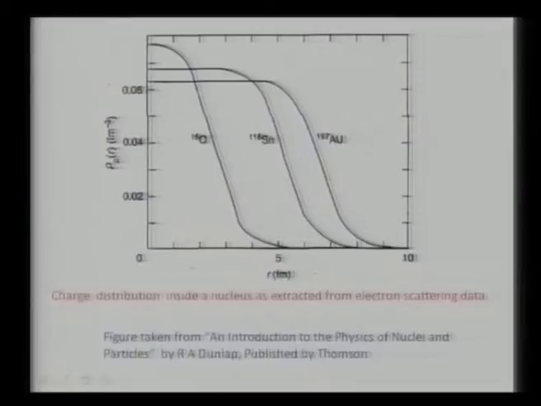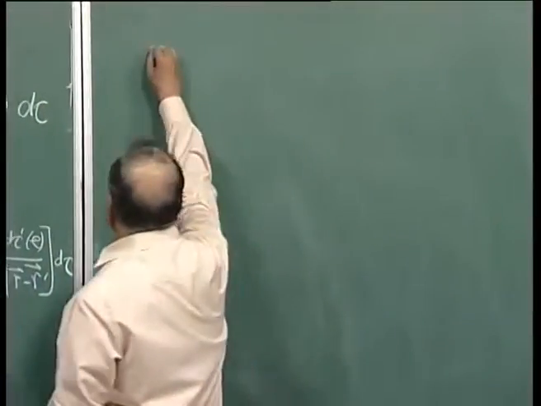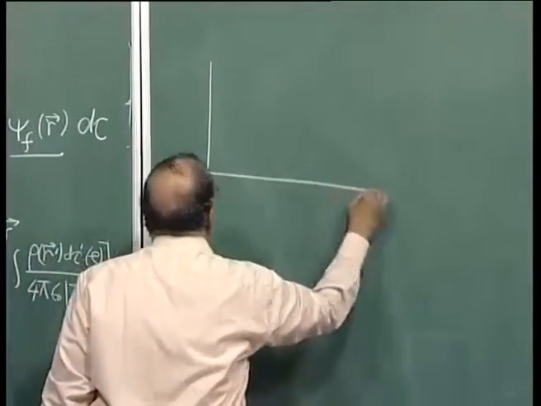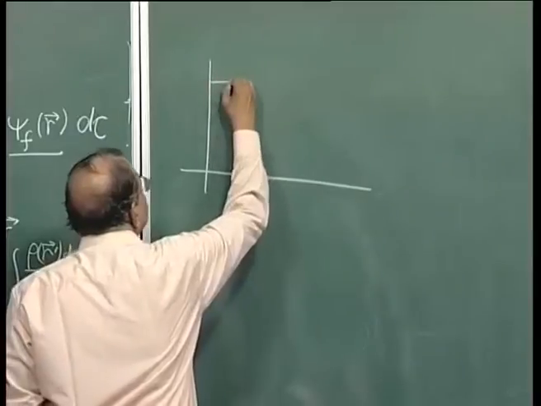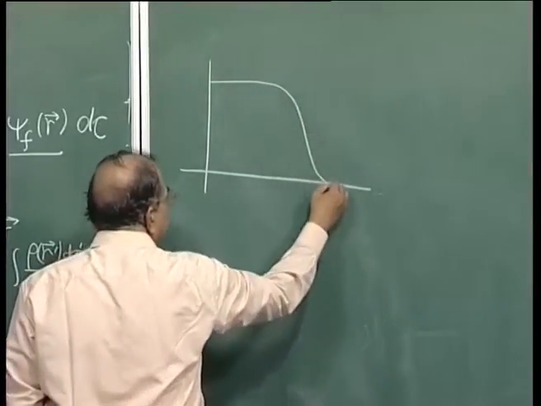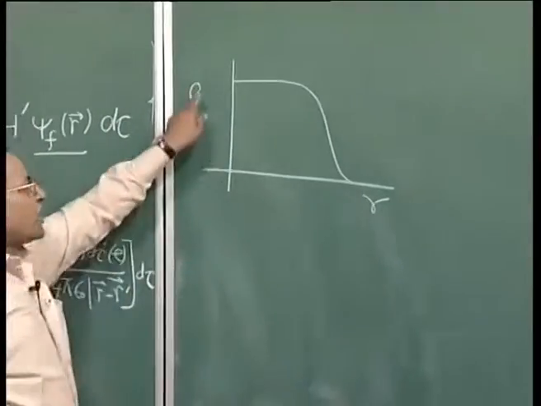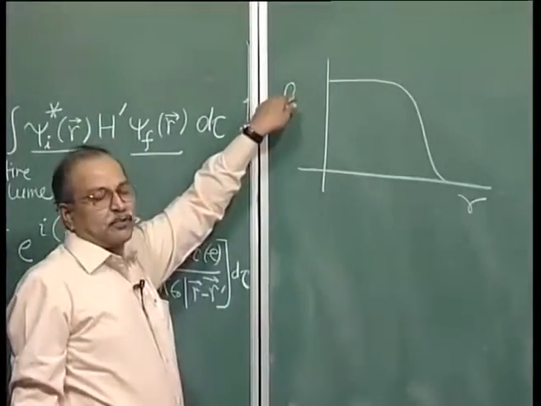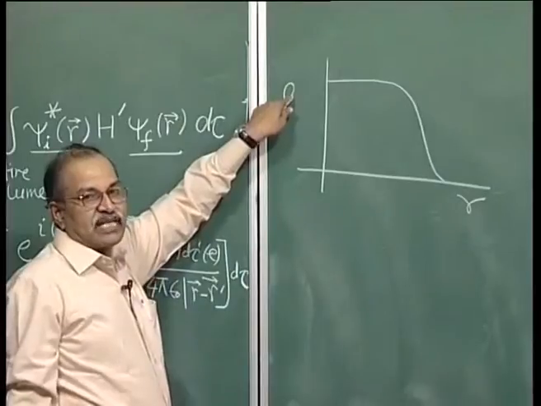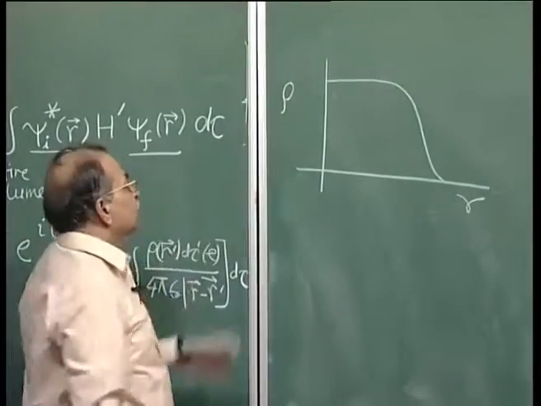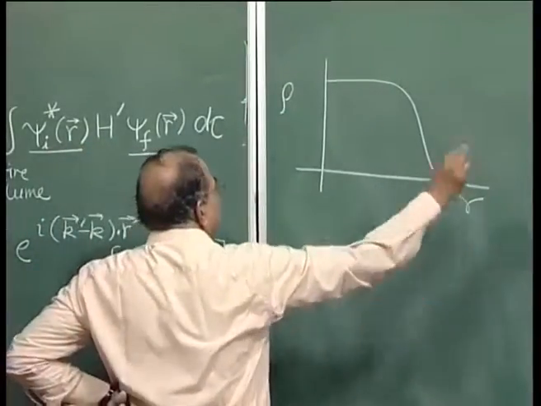Why are we calling it proton density and not neutron density? The curve you had seen is like this. This is r and this is rho. You can call it charge density or proton density because only protons have charge. So, this goes in this fashion.